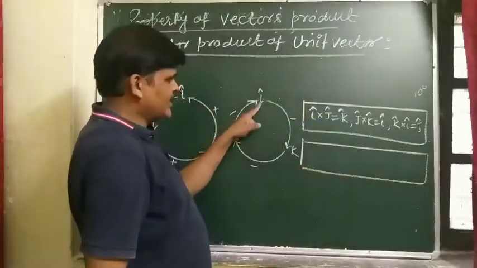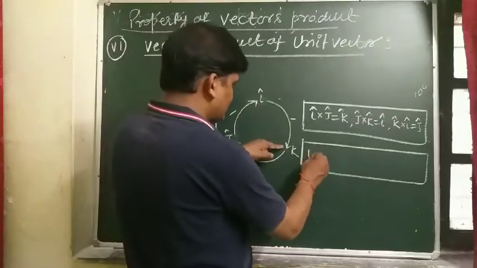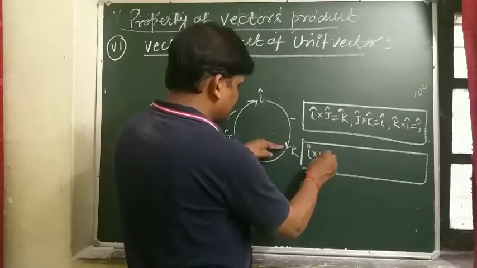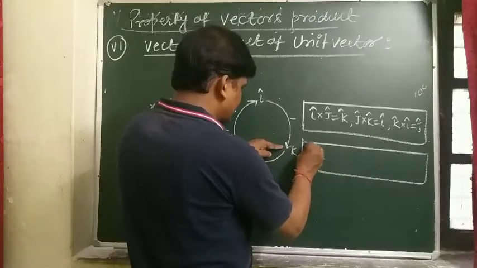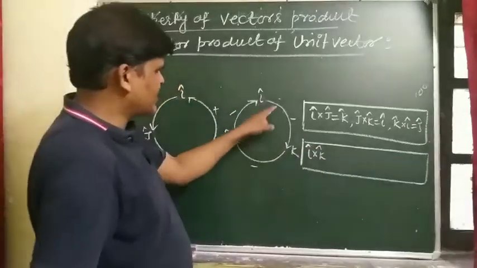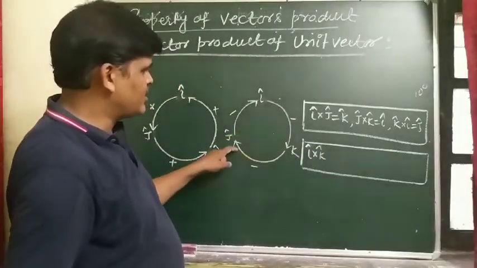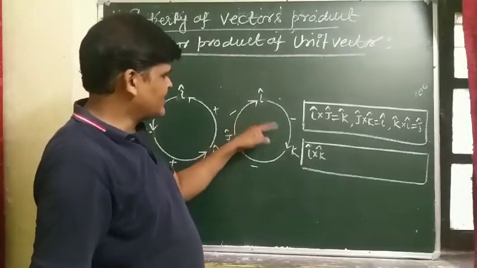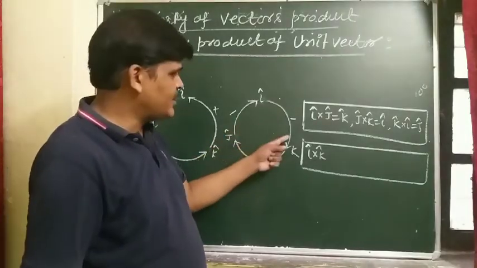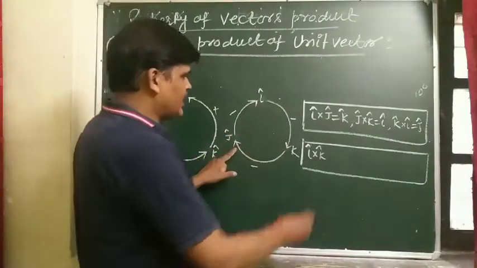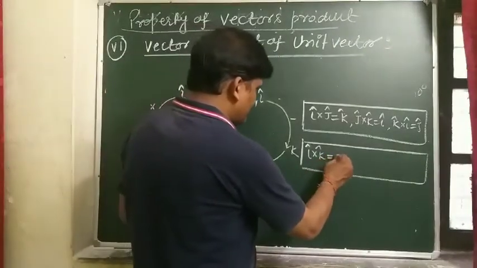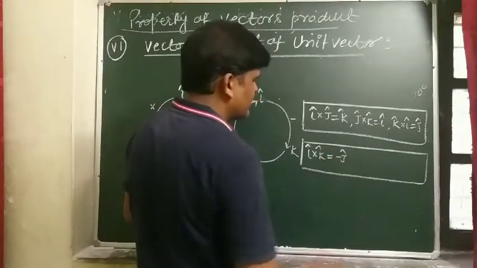So students, in this way we can write. Here i cross k is in the clockwise direction, so it is taken negative. The angle between them is 90 degrees, but the direction is what? I cross k is minus j.